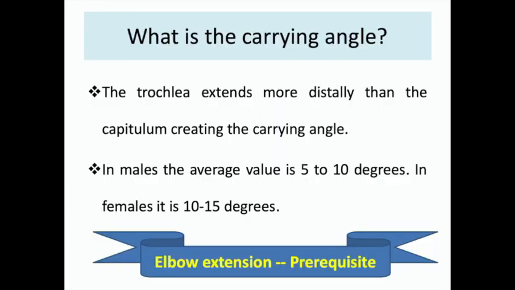And when you're looking, a carrying angle is one of the important things which is there with the elbow. The trochlea extends more distally than the capitulum, creating a carrying angle to the upper limb. You would find a figure which will vary in various textbooks, but if you want to have an easy way out, in males the average is 5 to 10 degrees, and in females it is 10 to 15 degrees.